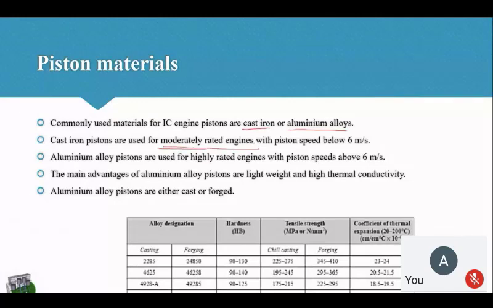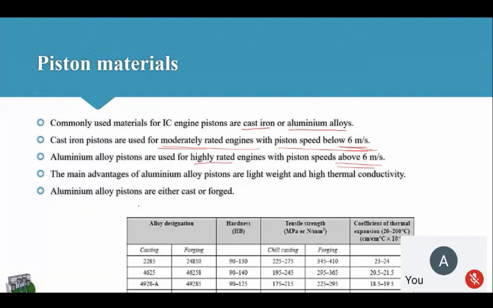Now, they are classifying what is meant by moderately rated and highly rated engines. The moderately rated engines are those in which the piston speed is below 6 meters per second, whereas the aluminum alloy pistons are used for highly rated engines where the piston speed is above 6 meters per second.